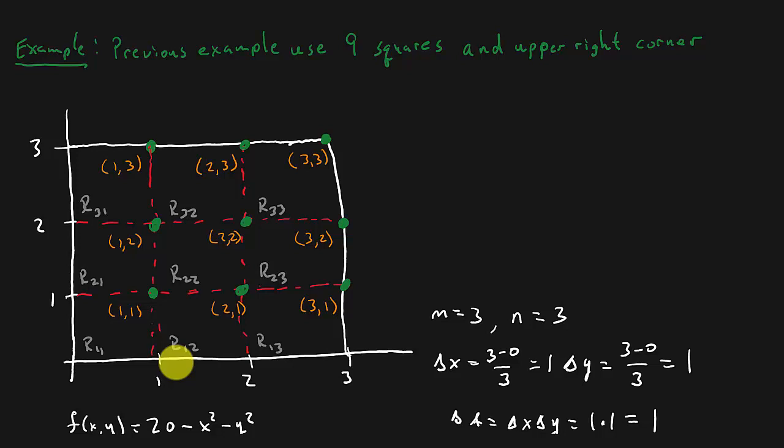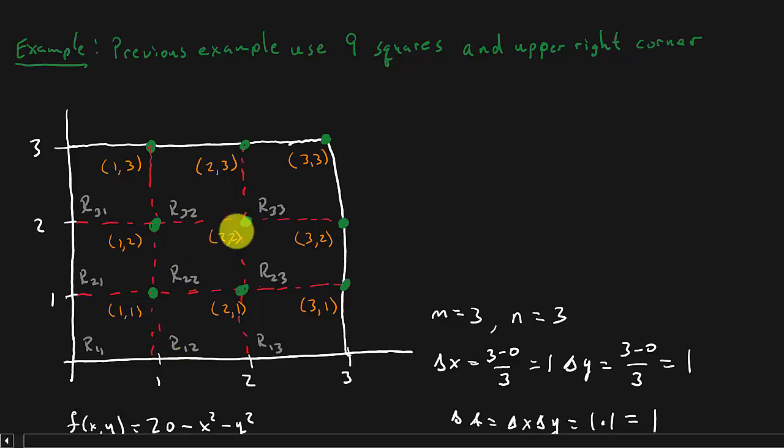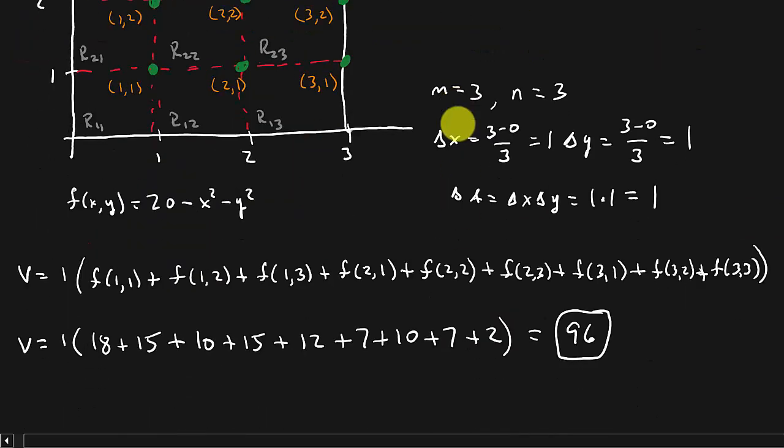Okay. I hope all that made sense to you. That's approximating these volumes under a surface, but above that rectangle. See the surface. See this rectangle here. The surface is above this rectangle.